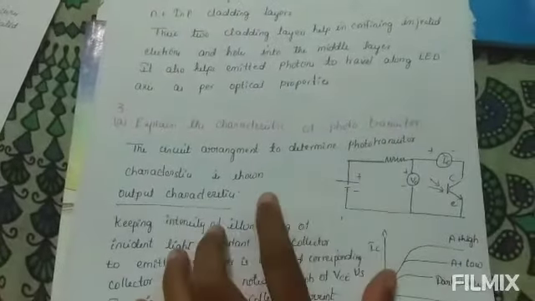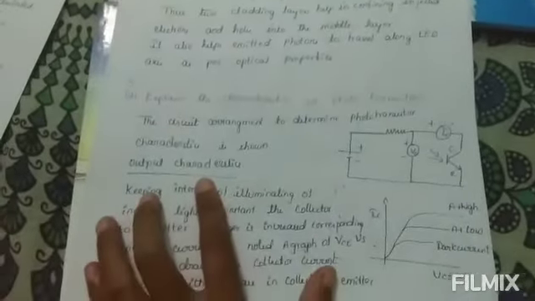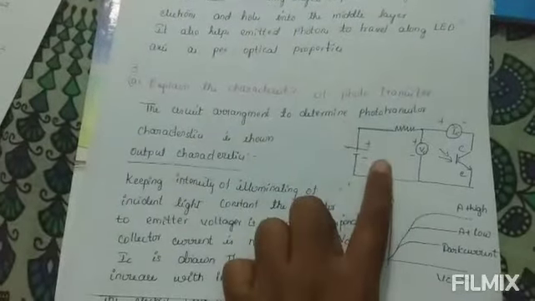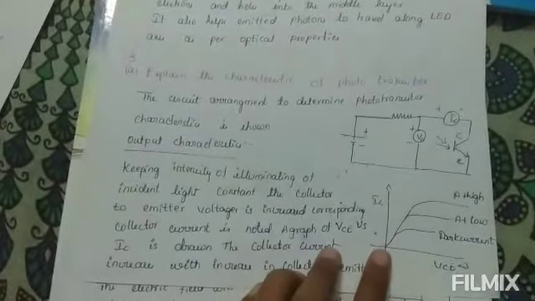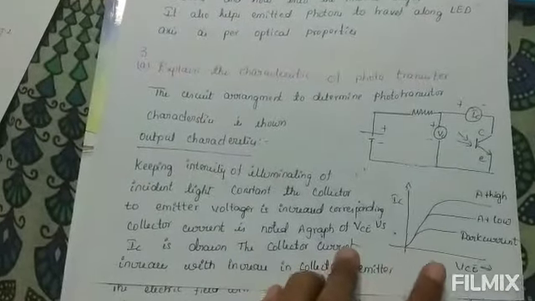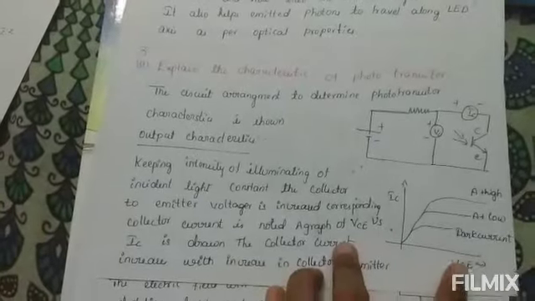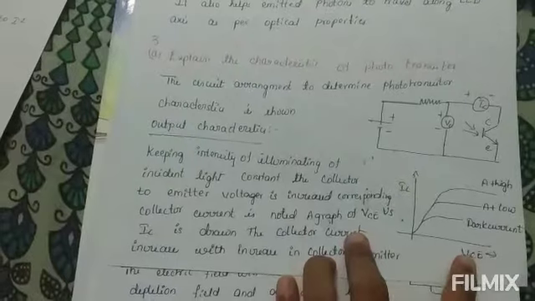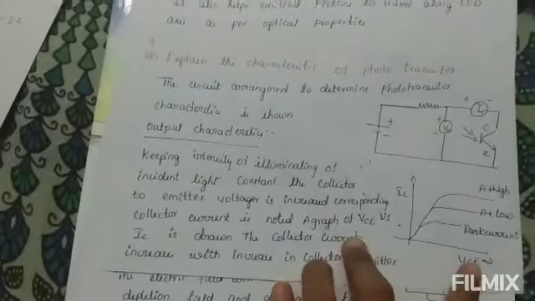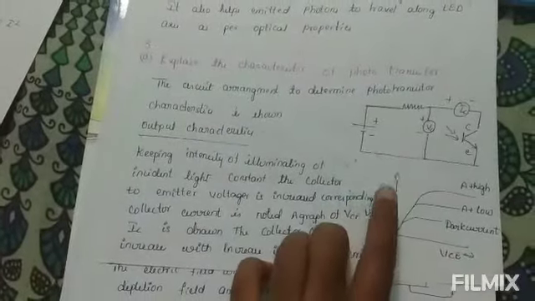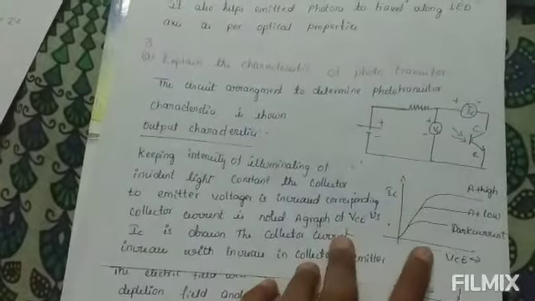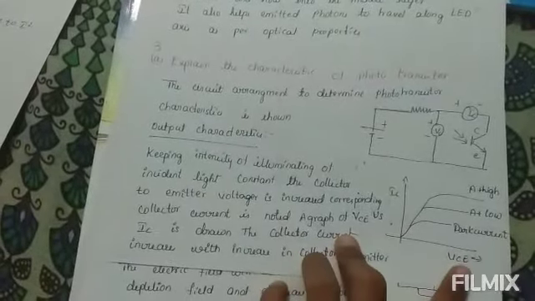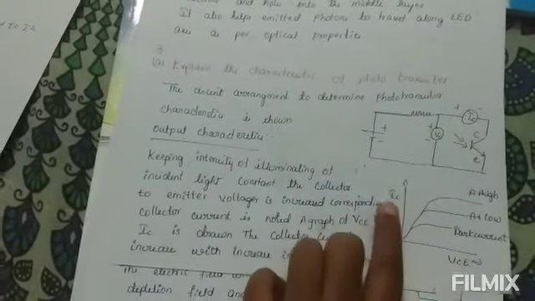First one will be output characteristics. Output characteristics mainly deals with what will be the output of a phototransistor. Here we explain the output characteristics by a graphical representation. On the x-axis we take VCE. VCE is nothing but the voltage across the collector and the emitter, and IC is the current along the collector.